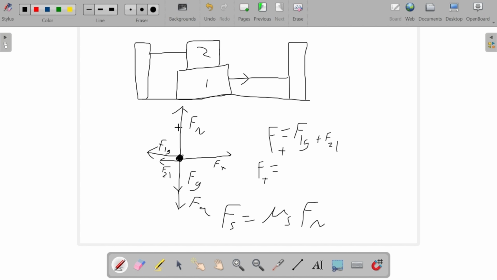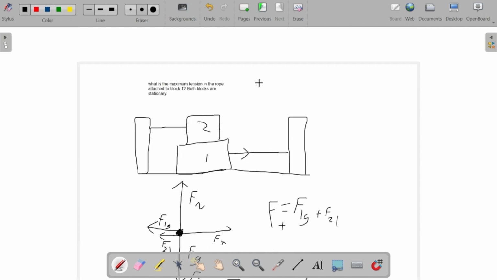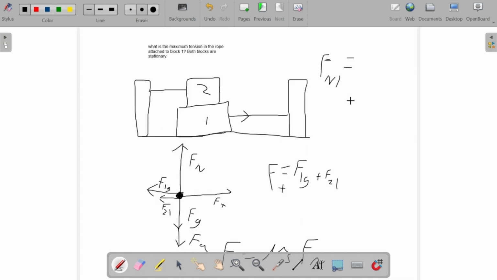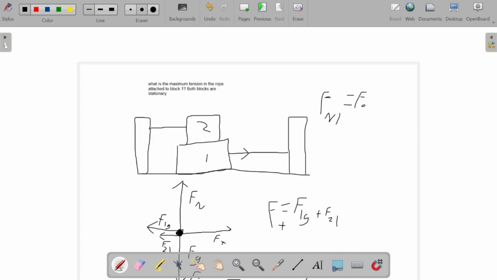And the normal force it's experiencing is equal to Fg plus Fa. So I'm just going to write Fn of block 1 over here because I need more space. Fn of block 1 is equal to Fg plus Fa. And Fg is equal to m1 times g. And Fa, this block pushing down on it, is equal to m2 times g.